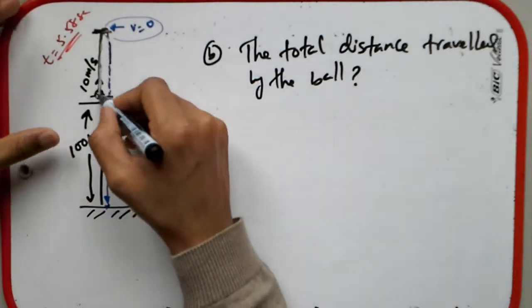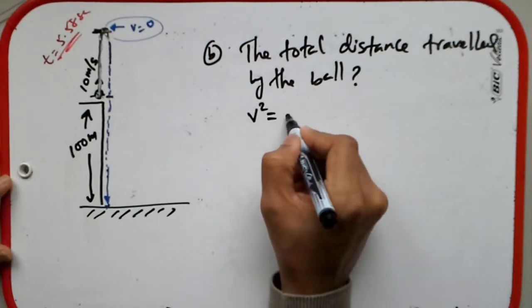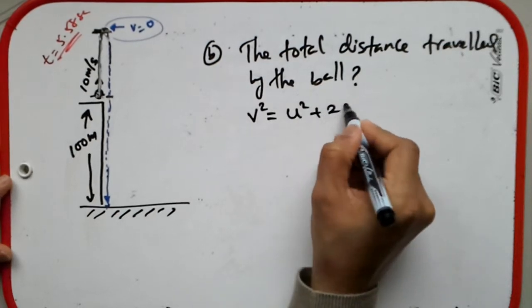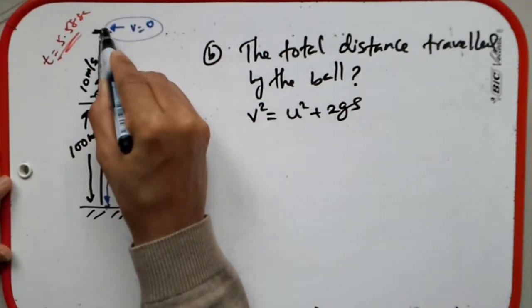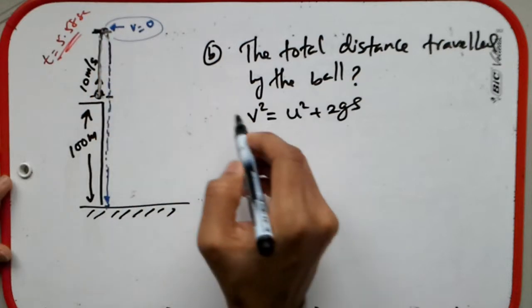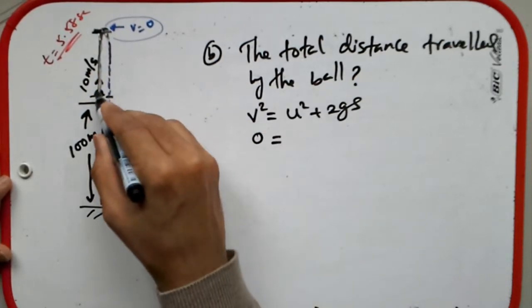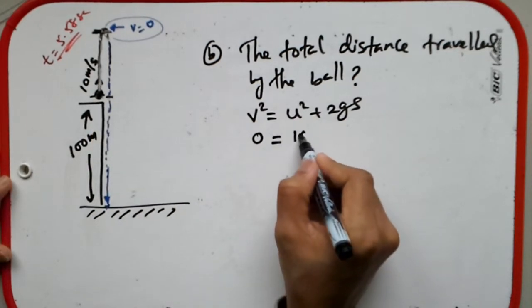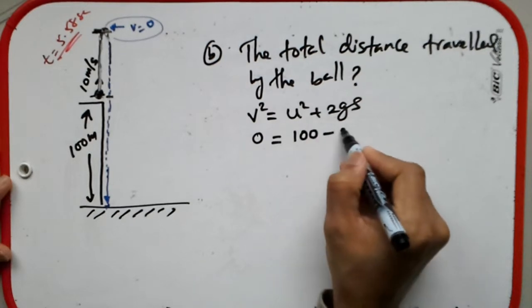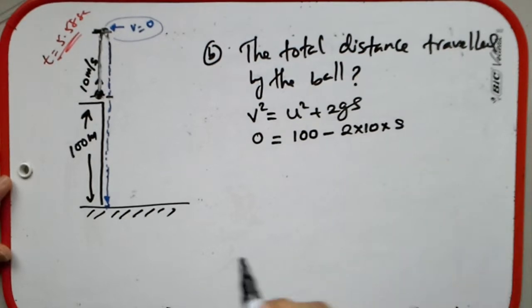So from here to here, how do you find the distance? I can use v squared is equal to u squared plus 2gs. At this point the final velocity becomes 0. So 0 is equal to, what is u squared? u is the initial speed, which is 10. So I'll get 10 squared is 100 minus 2 times g, which is 10, times s.